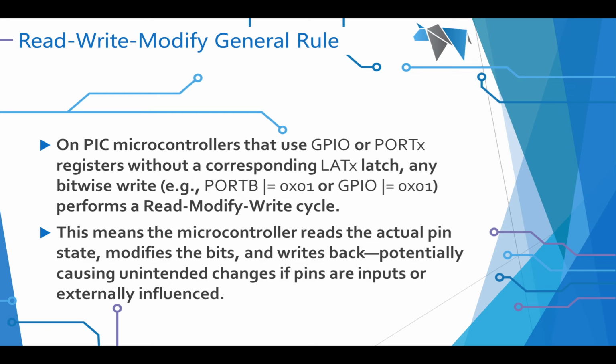The microcontroller actually reads the pin state, it modifies the bits and writes it back, and you get potentially unintended results because the port or pin could be an input or it could be externally influenced by a motor or a capacitor.